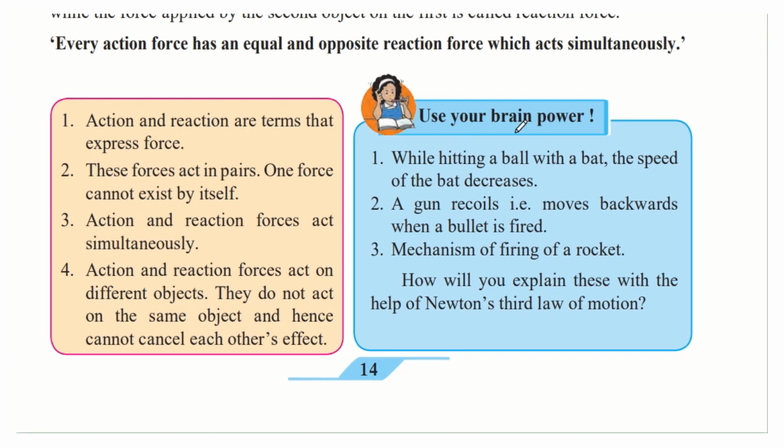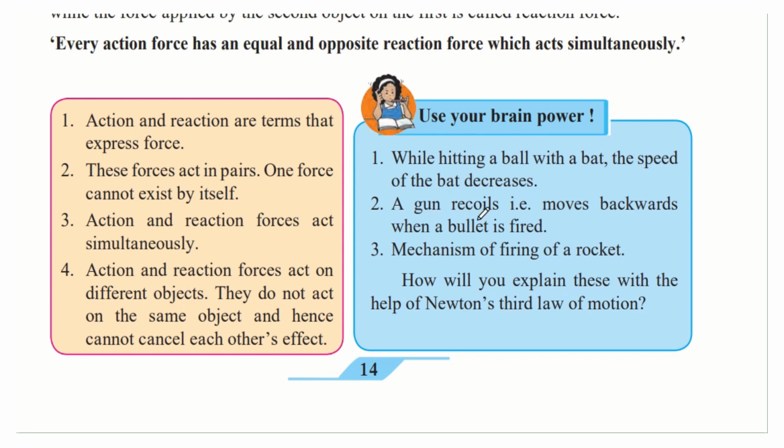Use your brain power. While hitting a ball with a bat, the speed of the bat decreases. So if you would have noticed while playing cricket or any other sport that involves a ball and a bat, when the ball is coming towards you, you swing your bat with full speed. As soon as your bat touches the ball and hits it, the bat speed decreases.